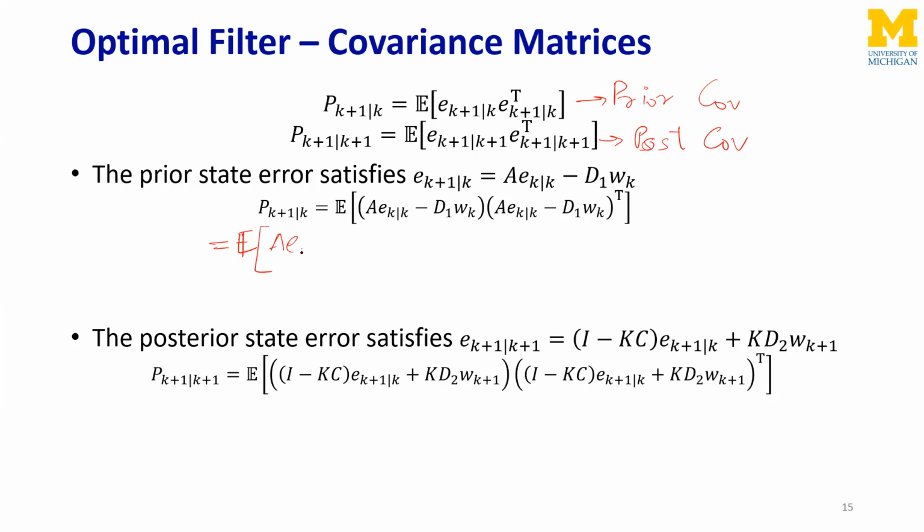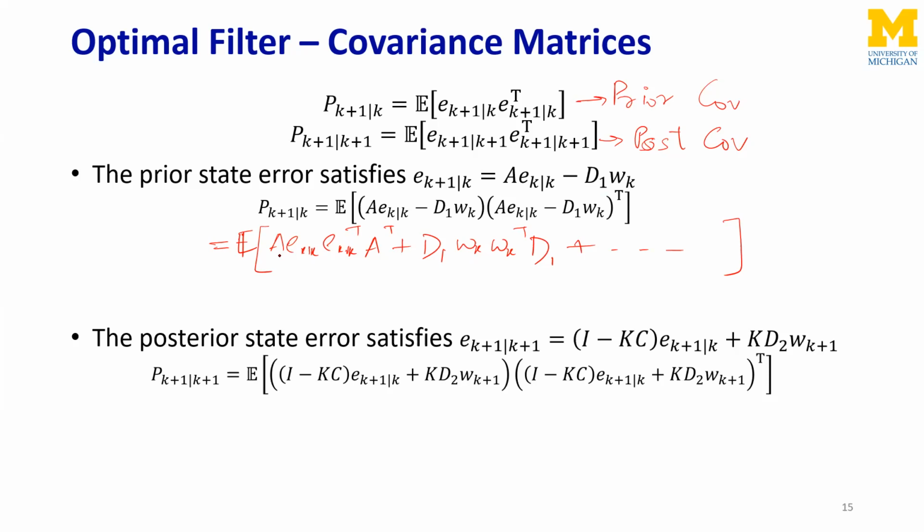That's going to give me A e_{k|k} e_{k|k} transpose A transpose, then D1 W_k transpose D1 transpose, and then the cross terms. Now the cross terms are going to be 0 because we assume that the errors and the noise terms are independent, or not correlated. Since they are independent, the covariance of the posterior state error and the noise is going to be 0. So we are going to be left with just these two terms.